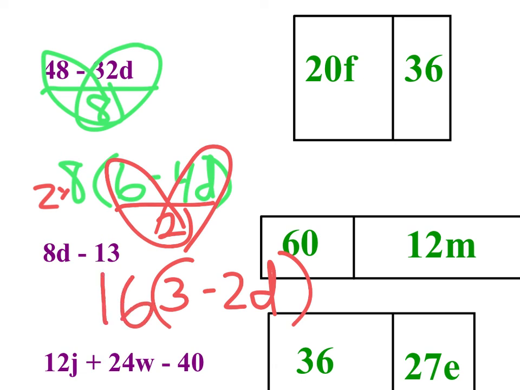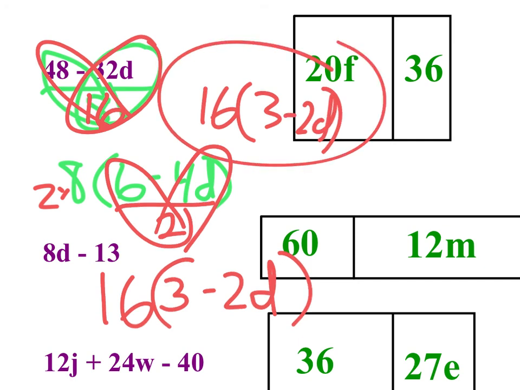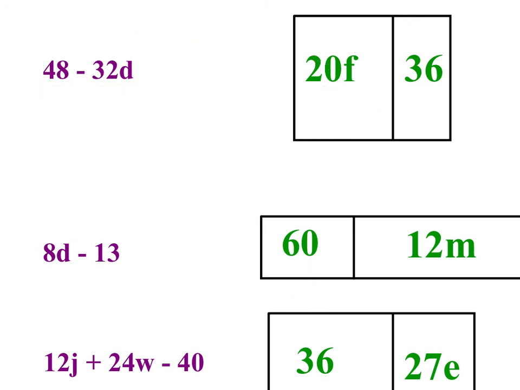If I had started over and divided by 16 instead, then 48 divided by 16 is 3, and 32 divided by 16 is 2d, and we would have pulled out a 16 and got a quantity of 3 minus 2d, fully factored.